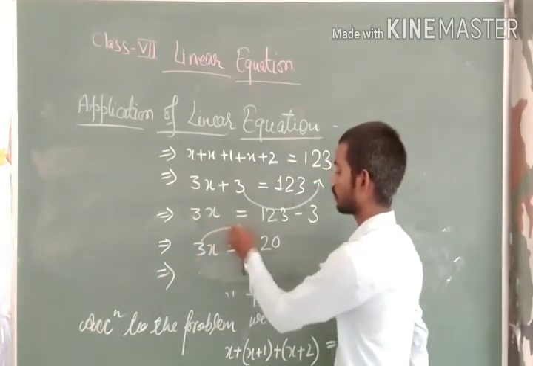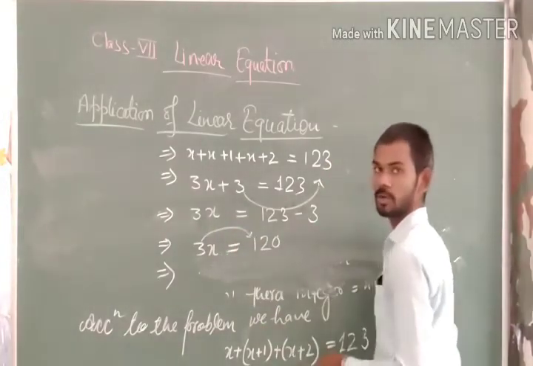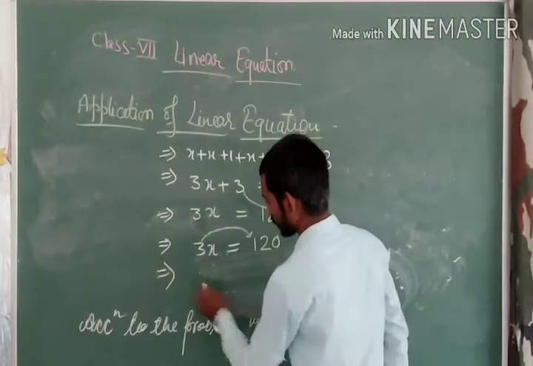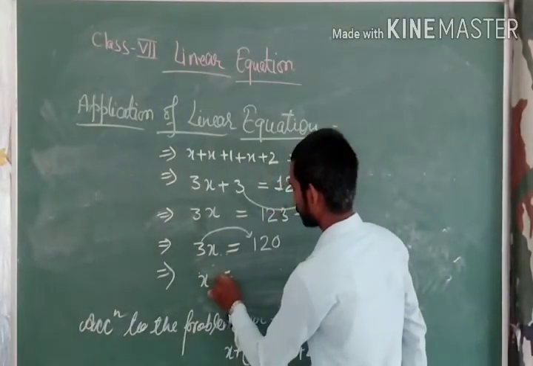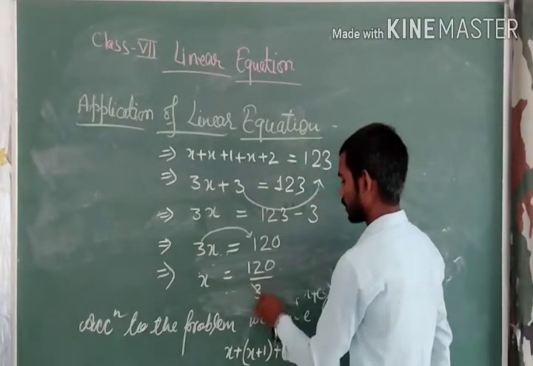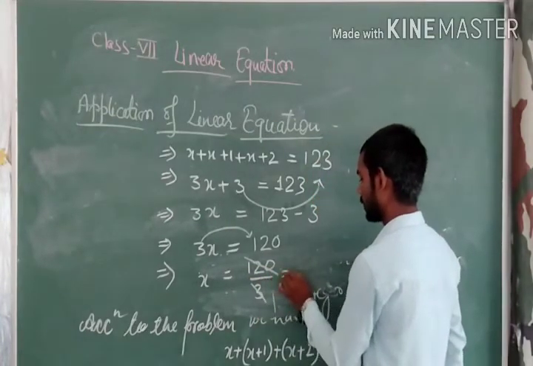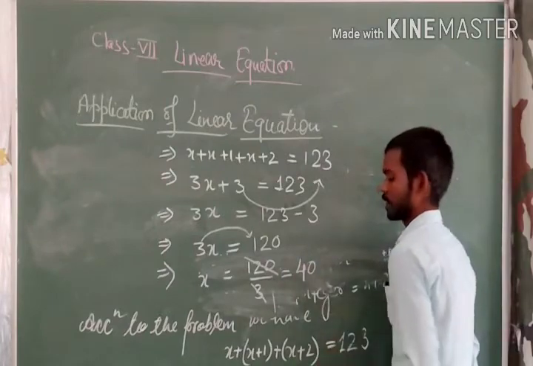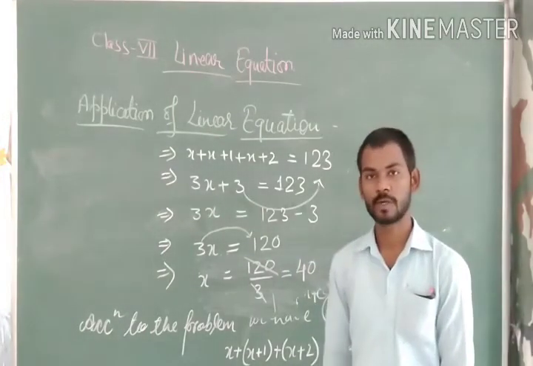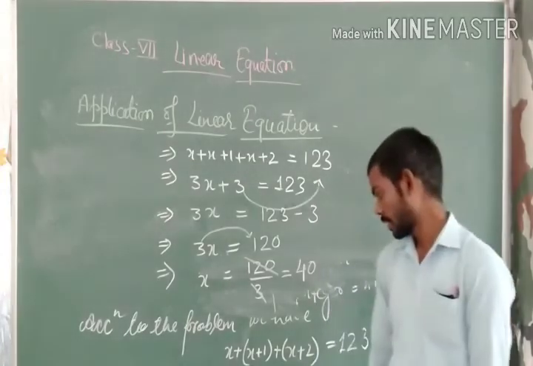So when 3 goes to the right side, it becomes divided. So we get x is equal to 120 upon 3. 3 1 is 3, 3 4 is 12, and we get 40. So the value of x is equal to 40.